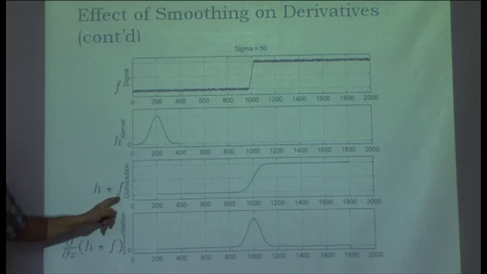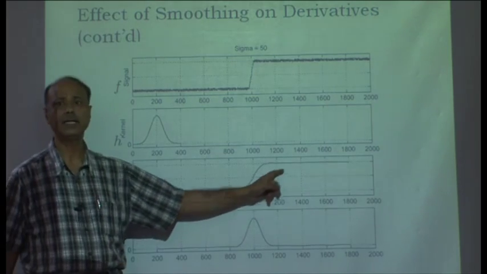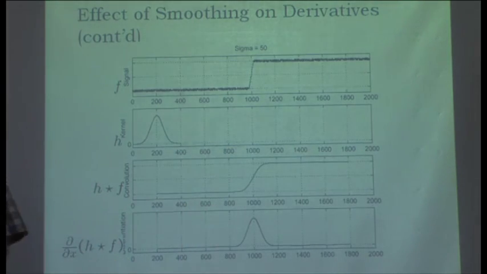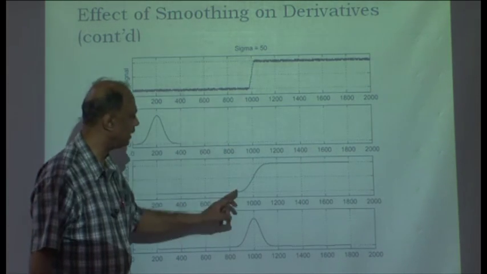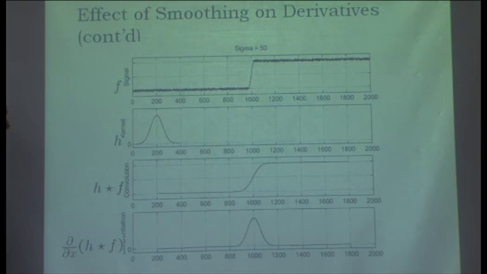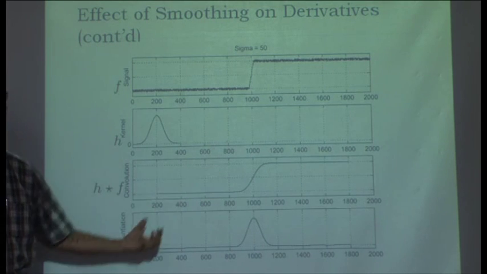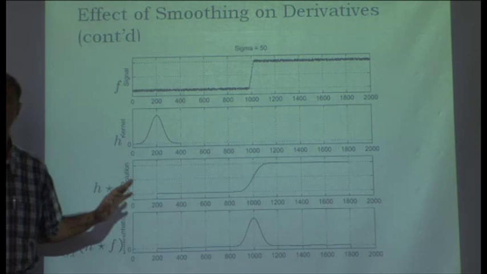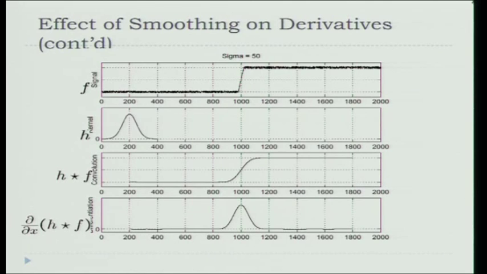So, H into F, the image will look like this, a smooth one, but obviously a blur will be there, because here it was a little sharp, but here there is a blurring effect. Now, since I have used this one, if I take the derivative, I must get back this one, so I get a smooth image, a normal image or Gaussian image.